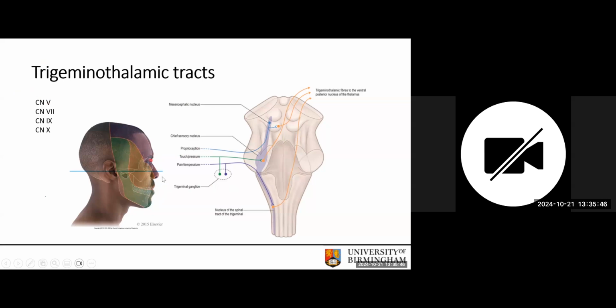We will see this in the next semester as well, but that is why this one is called trigeminal, and that is how the trigeminal nerve innervates the face. You don't need to know this much now.